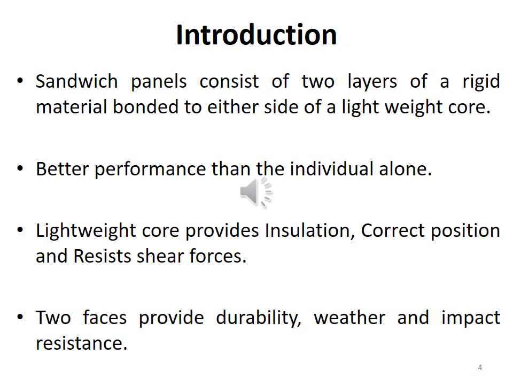So the structural functionality of a sandwich panel is similar to the classical beam, where the two face sheets primarily resist the in-plane and lateral bending loads, while the core material mainly resists the shear load.